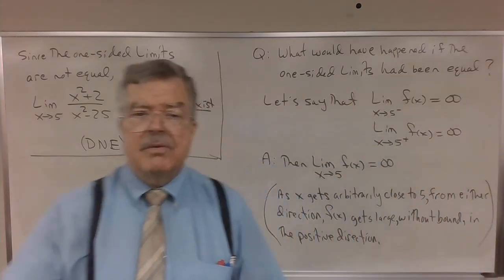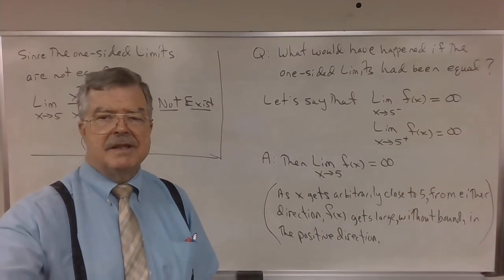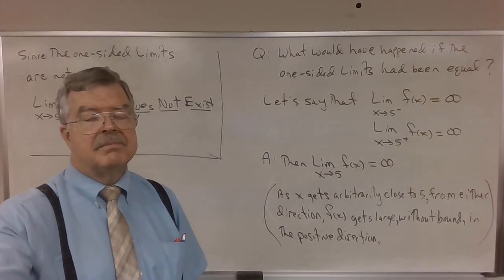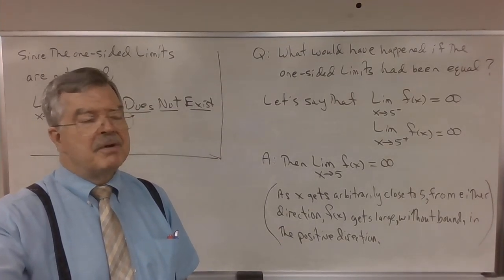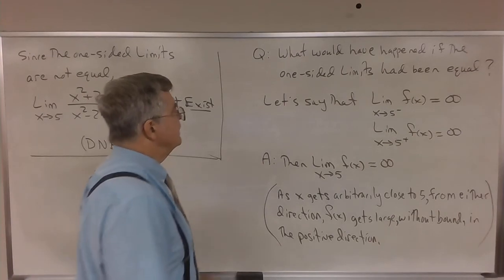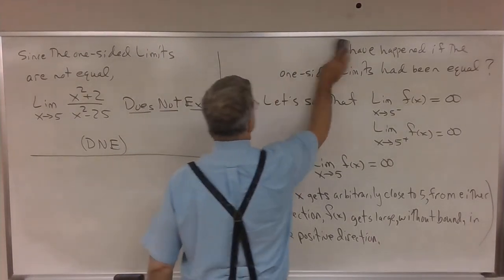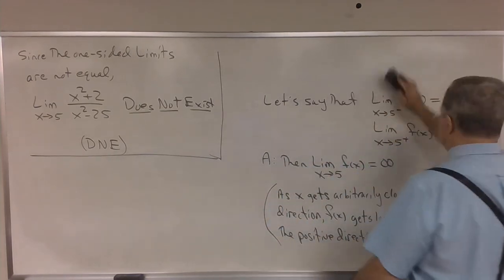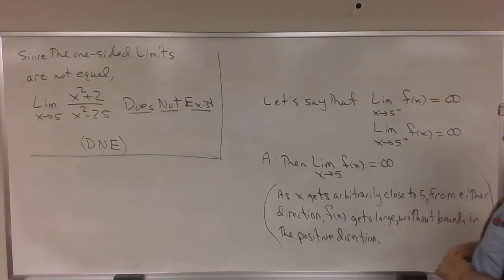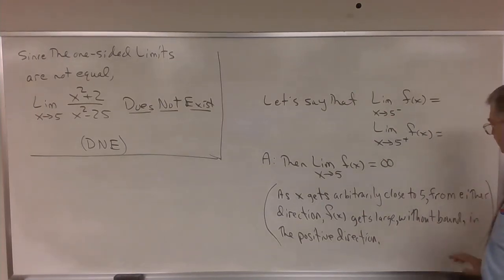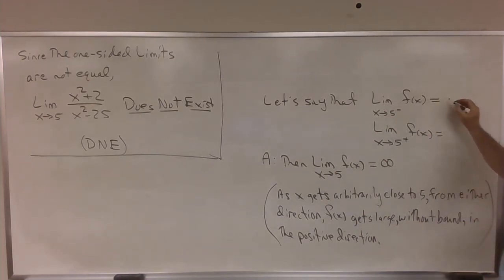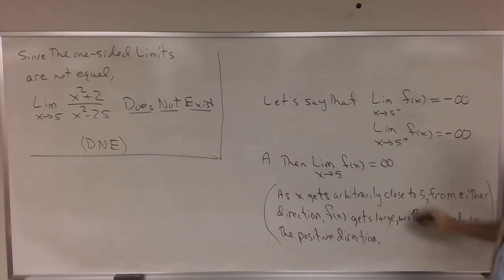Now suppose that the two one-sided limits had been equal, but they both equaled negative infinity. So another example. Let's suppose that the limits were equal, but they were both equal to negative infinity.